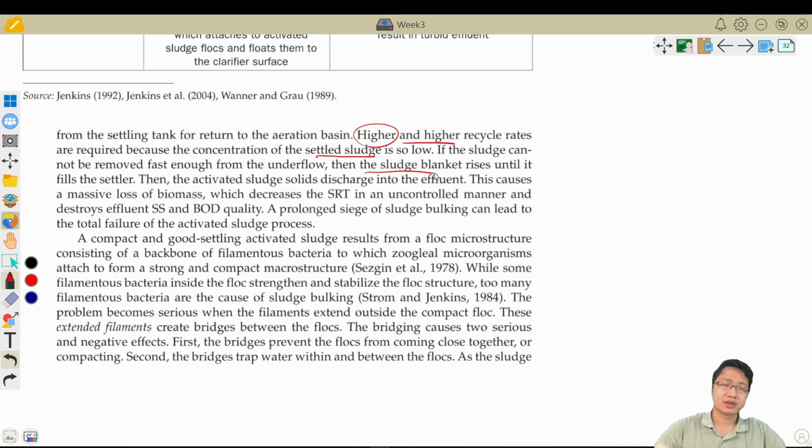So the liquid and solid interface gets higher and higher, you can't have very good liquid and solid separation in your system, and the floating sludge will eventually flow out of your system. That's why you cannot control your SRT here.